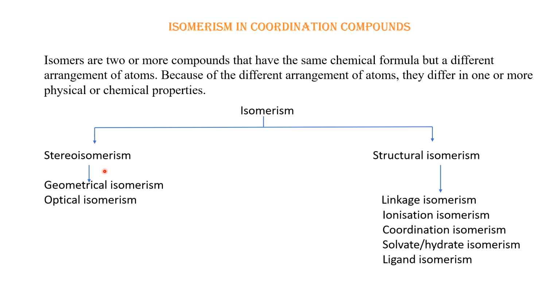Inside stereoisomerism, we get geometrical isomerism and optical isomerism. Inside structural isomerism, we get linkage isomerism, ionization isomerism, coordination isomerism, solvate or hydrate isomerism, ligand isomerism, and two more types. We'll learn one by one.